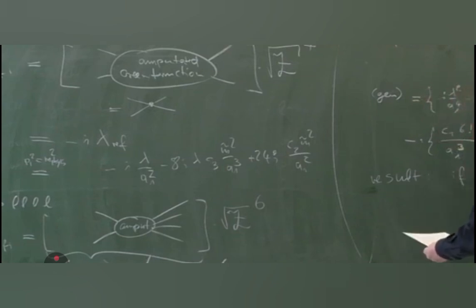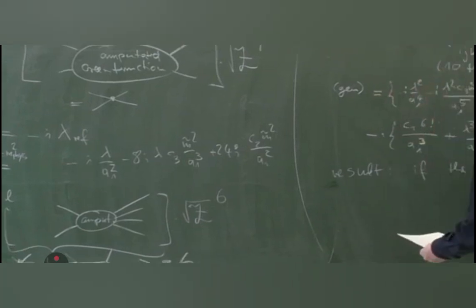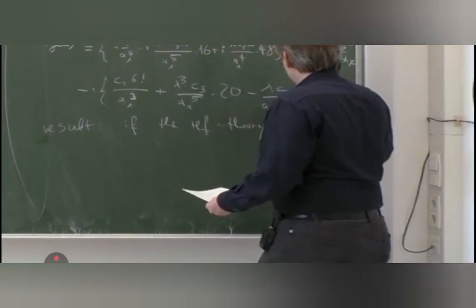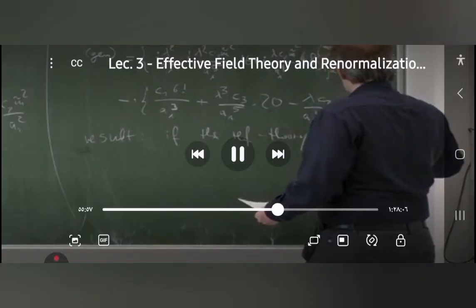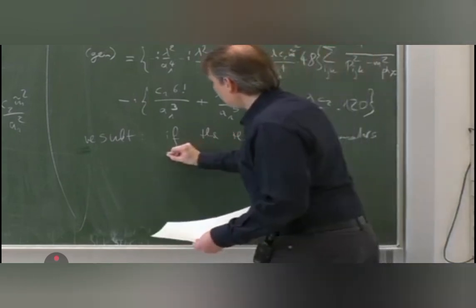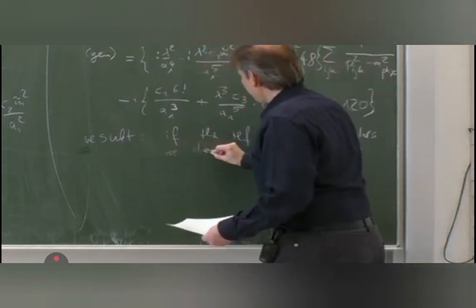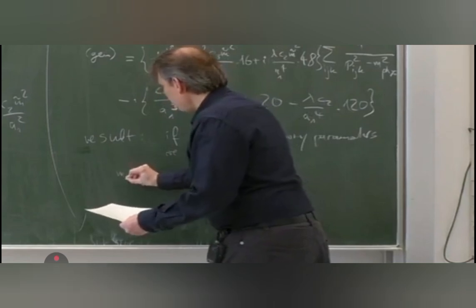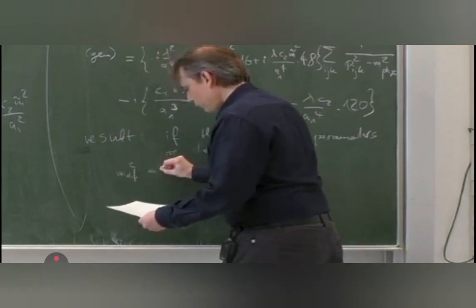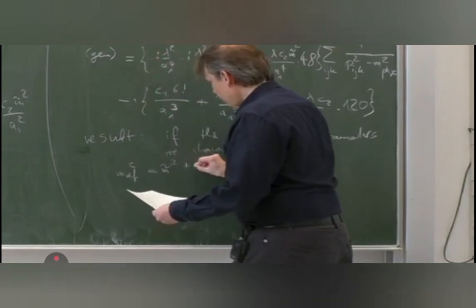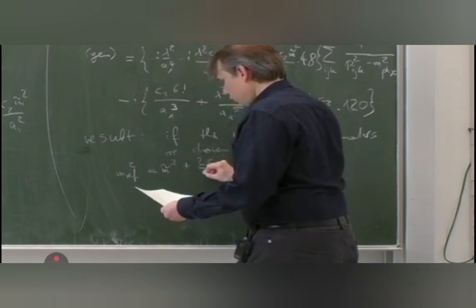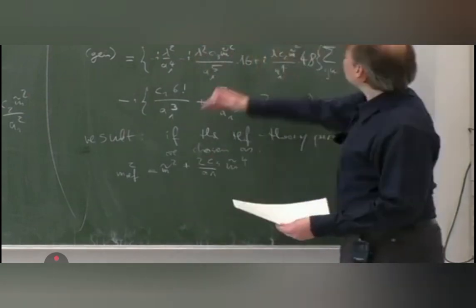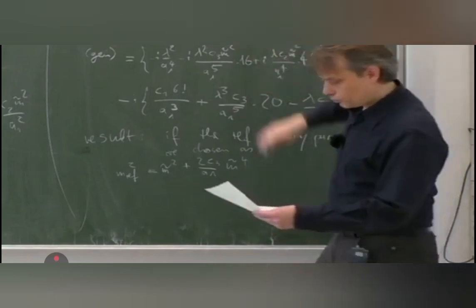if the reference theory parameters are chosen as the following, namely m reference square is equal to m tilde square plus 2c3 over a1 m tilde to the 4th, then the physical mass is equal.